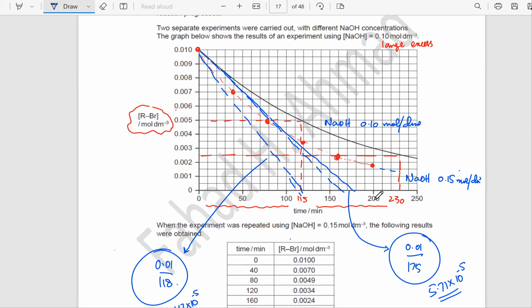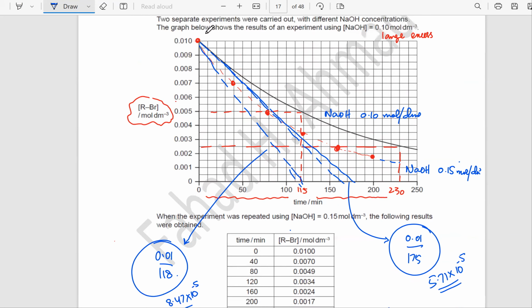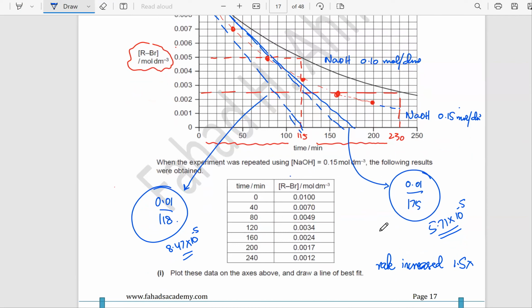So now you had two gradients. I mean, you could calculate two rates. ठीक है, पहला वाला rate था, and always remember initial rates are measured. 10 minute बाद you don't compare rates. ठीक है, you always compare the initial rate right at the beginning. So you drew a gradient, you drew a second gradient for the second one, and it came out to be कि भाई the difference is exactly 1.5 times.